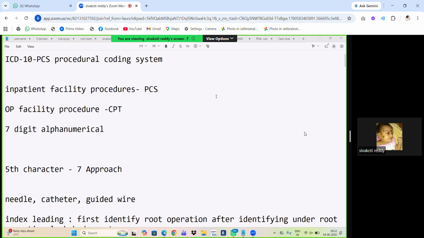Just check the option whether they gave a 5-digit code or 7-digit code in the procedure column. If they gave a 5-digit code, it should be CPT. If it is a 7-digit code, it should be PCS.